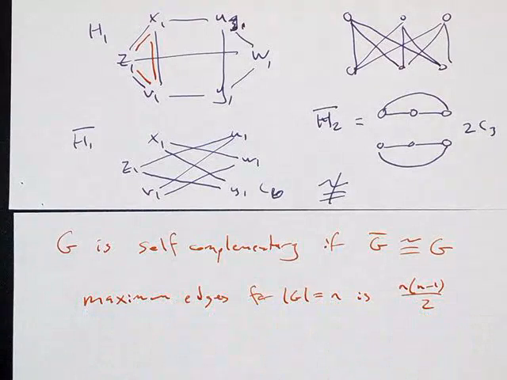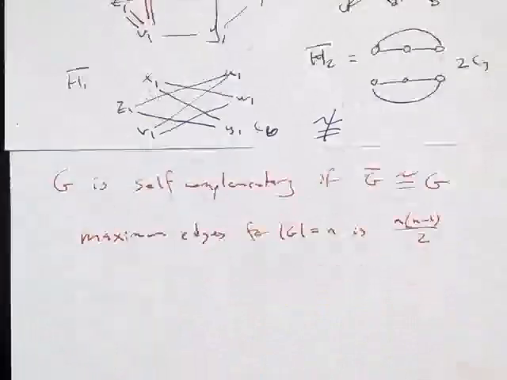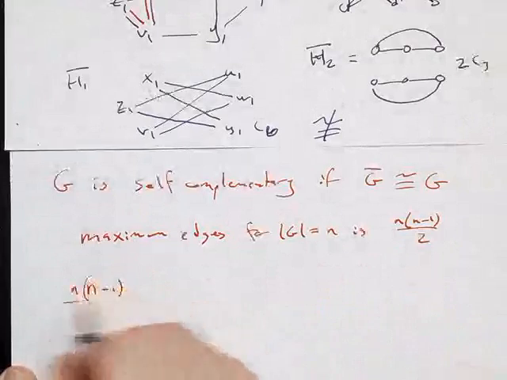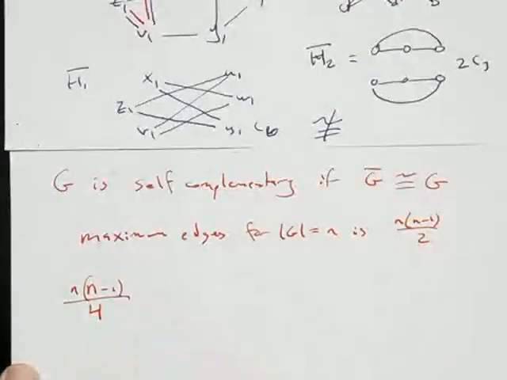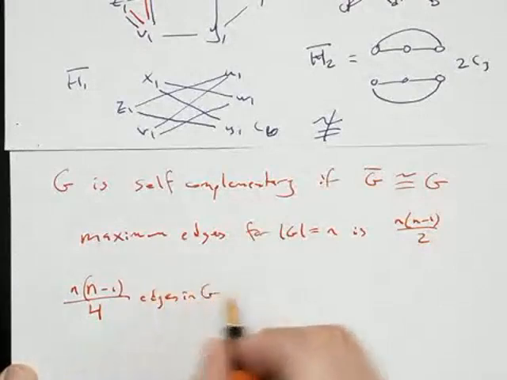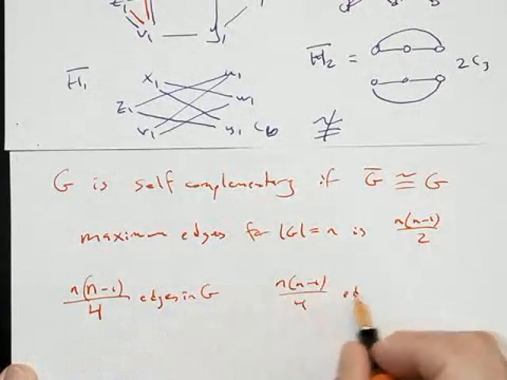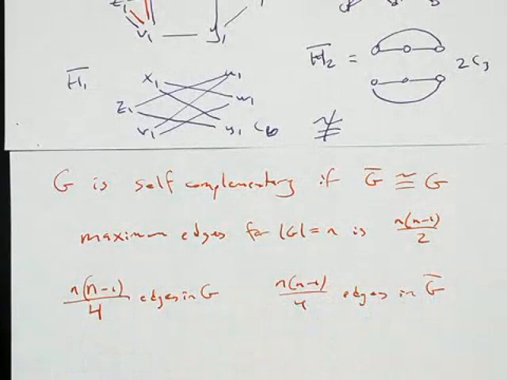But if I want to set the G complement, I have to count all those either in G or not in G. Half of them in G. With a little modular arithmetic, the order must be divisible by 4, congruent to 0 or 1 mod 4, not 2 or 3.